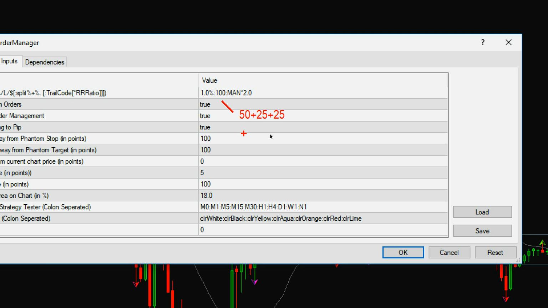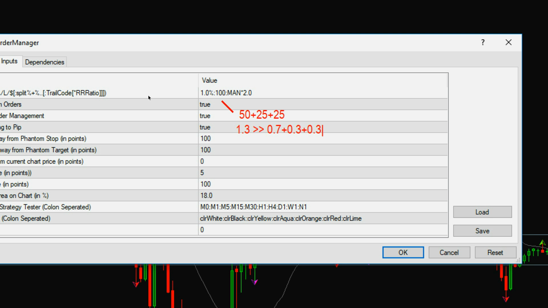So if I'm risking 1.3 lot, then this 1.3 lot will be broken into 3 sub trades, each with their unique ticket number but the same magic number, like 0.7 lot plus 0.3 lot plus 0.3 lot.